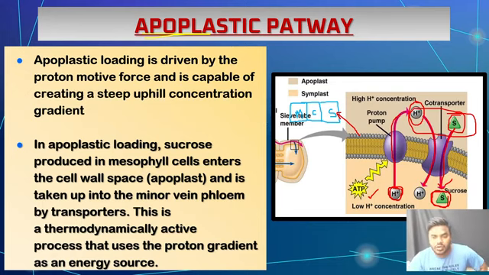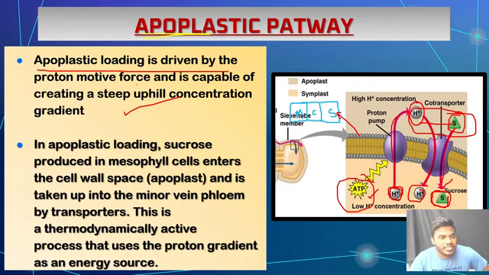Who is giving that help? H plus. How can the H plus be pumped out? Very simple, by ATP hydrolysis. By ATP hydrolysis, H plus can be pumped out. Immediately what is happening, friends? H plus creates the gradient, then H plus and sucrose enter inside. Very, very simple. This is the apoplastic pathway of loading.